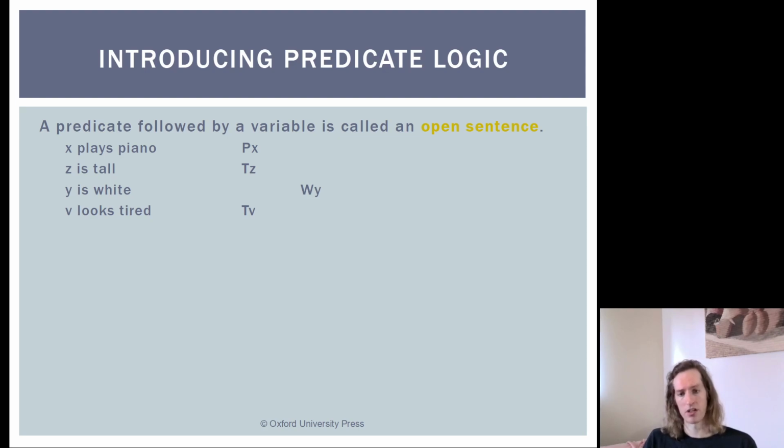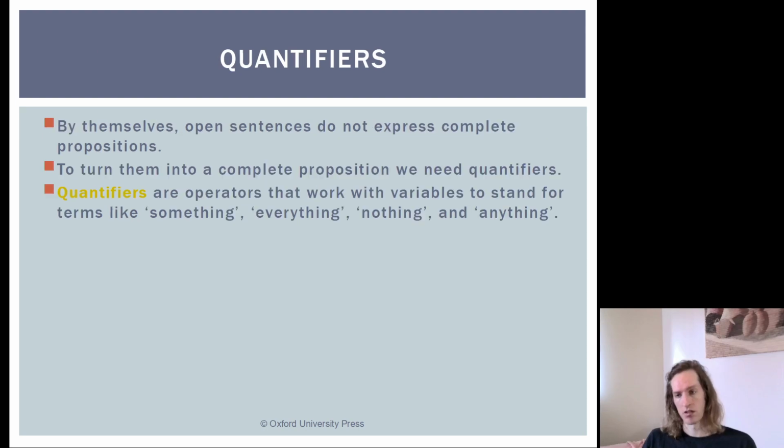In this course, we're pretty much going to be using x as our standard variable. In all the homework assignments, I'll use x as the standard variable. Very important: x is a variable, not a constant. But z, y, v, these will be variables as well.